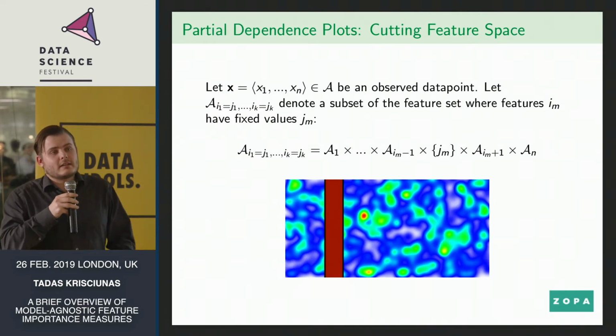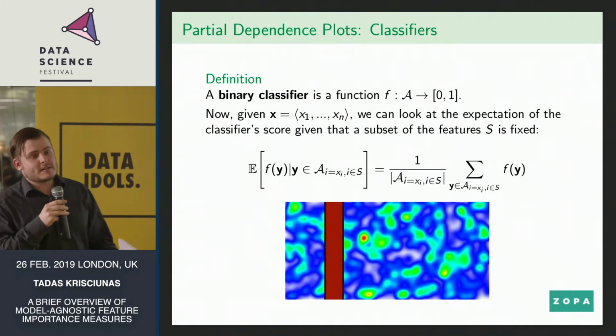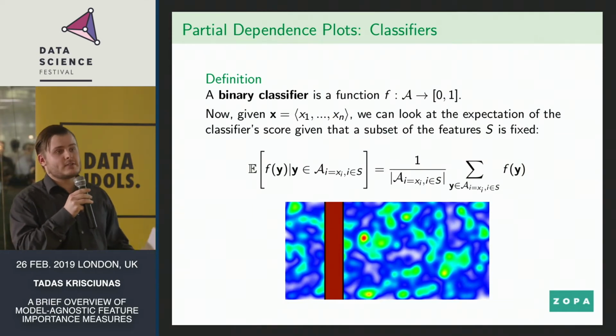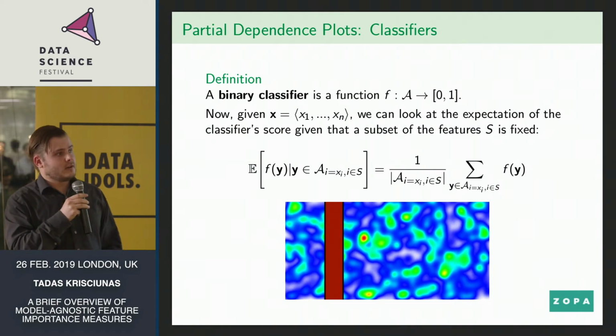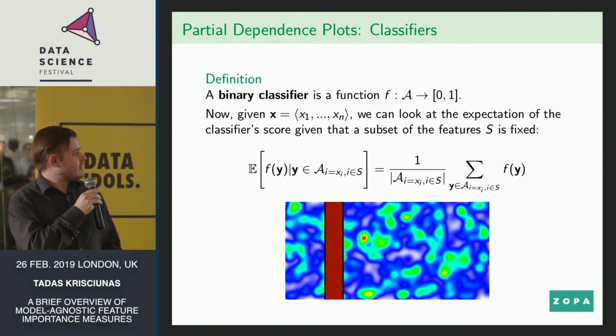And investigate it. So let's say that we have a model, just a simple function, and for simplicity let's just consider classifiers, although this is equally applicable to regression as well. We just have a function which maps to some value between 0 and 1.